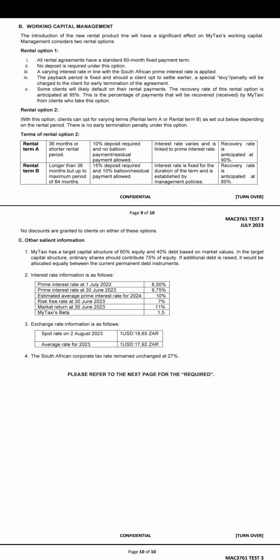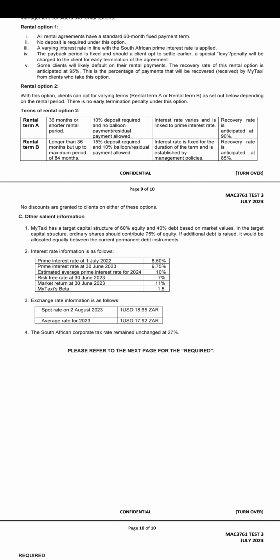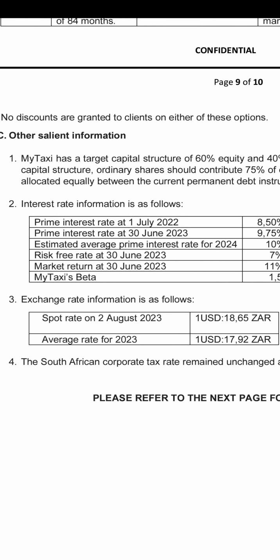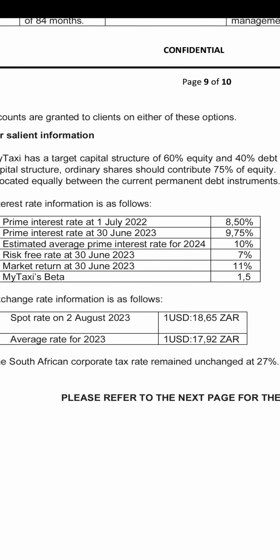The good thing here is that they've given us the risk-free rates and the market return and beta, and that's already suggesting we're going to use CAPM, or the capital asset pricing model, in order to calculate our cost of equity.